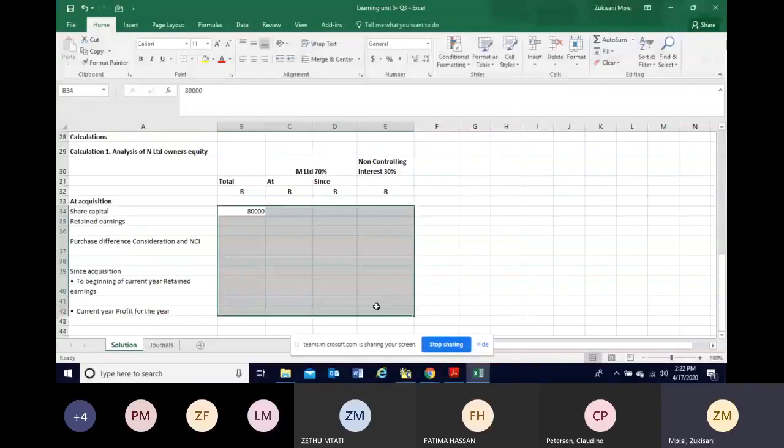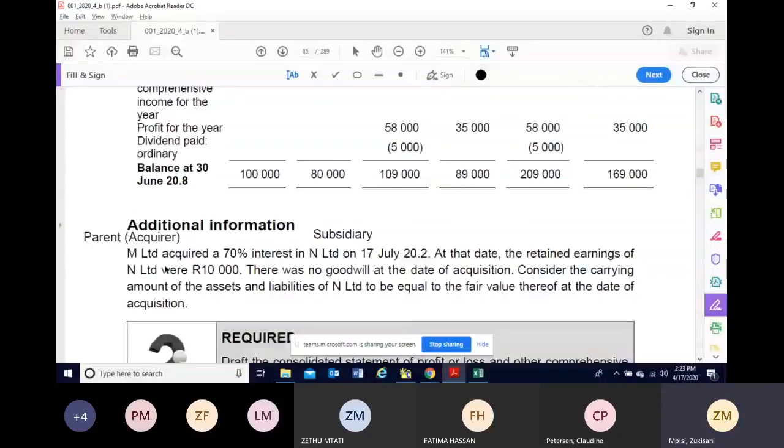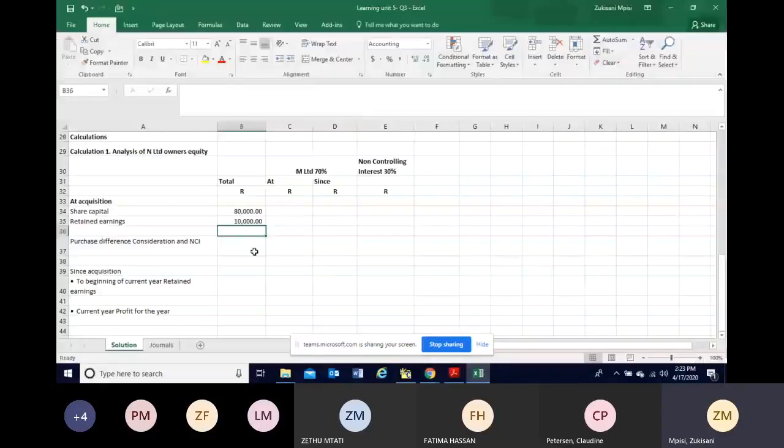We were told that the retained earnings of NLTD were 10,000 on 17 July 2019, which means that here we've got our 10,000, and then that makes 90,000.